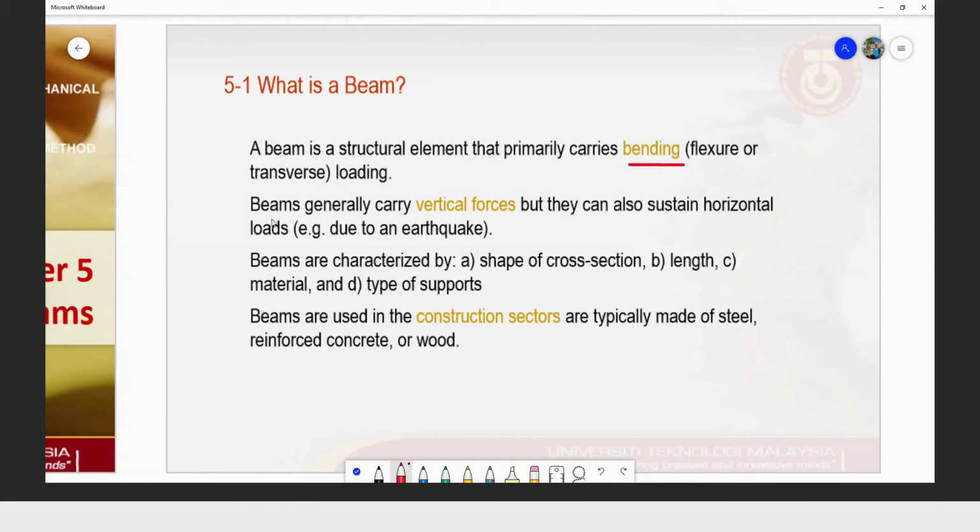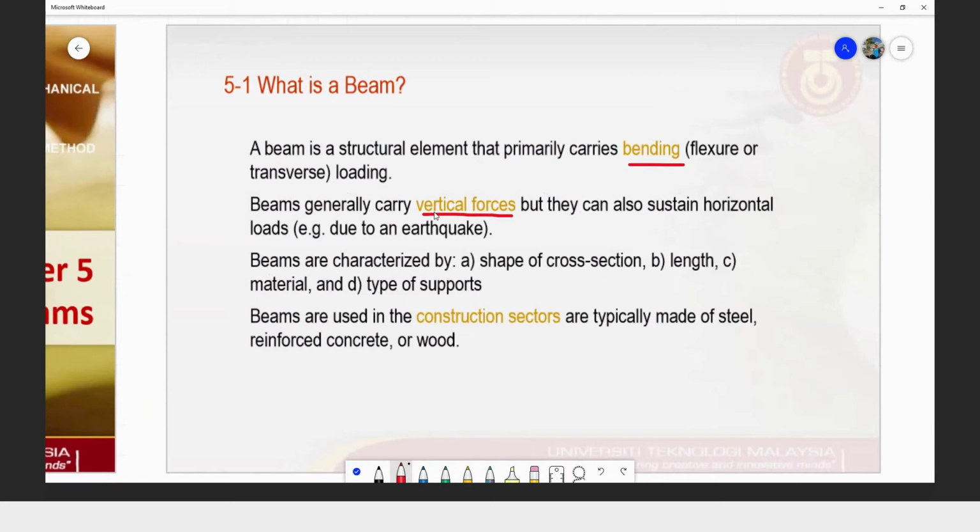And then beams generally carry vertical forces. Tapi jarang kita jumpa satu-satu structure tu it come with only beam, kan? Biasanya it came with a combination of beams which makes it a frame. Okay, bila dah jadi frame tu dia memang dah betul-betul kuat.